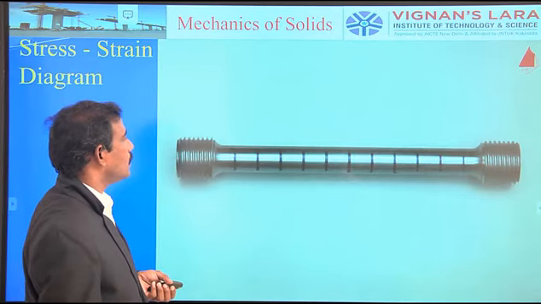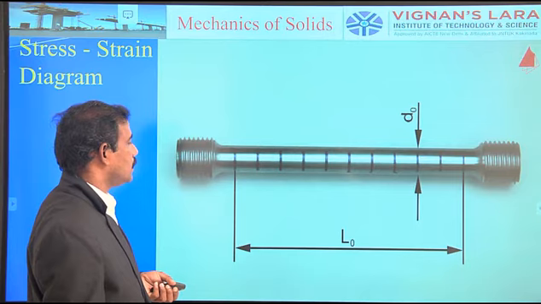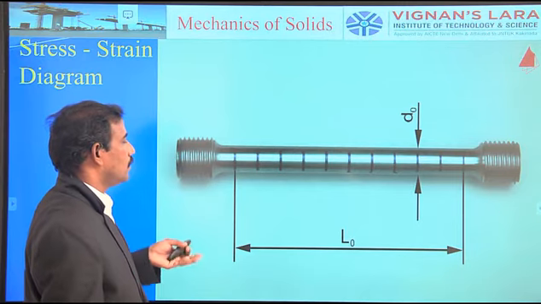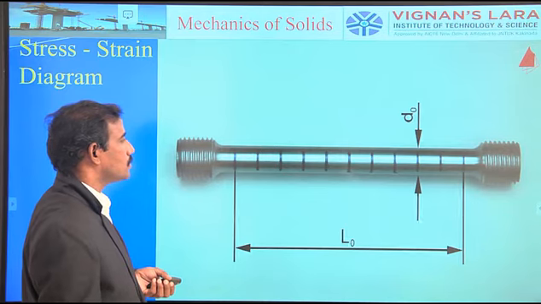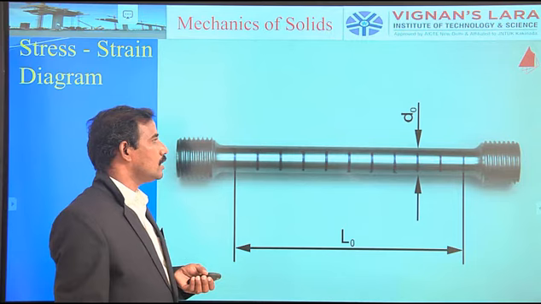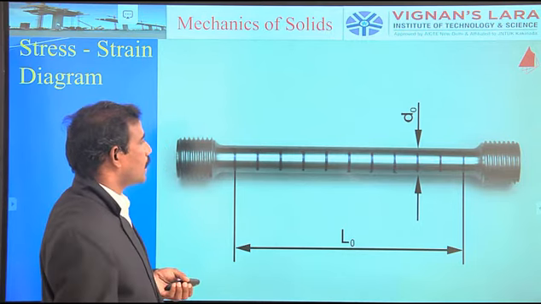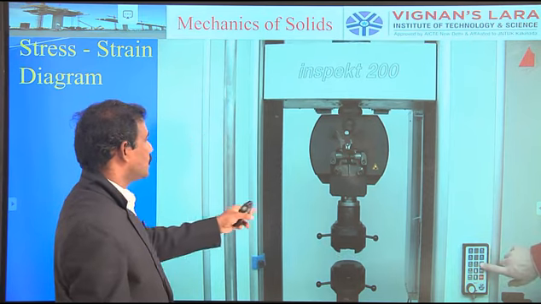Its diameter is D0 and its length is L0 initially, where L0 is the original length of the specimen which is going to be tested on a universal testing machine, and D0 is the actual diameter of the test specimen. This is the universal testing machine.